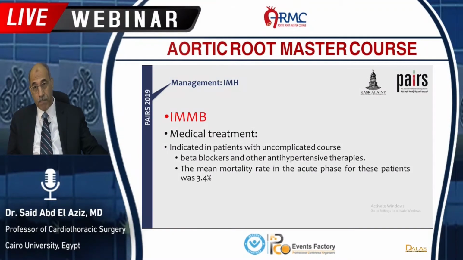What about the type B intramural hematoma? First we start with the medical treatment, beta blockers and blood pressure control, and the mean mortality was calculated to be about 3.5%.